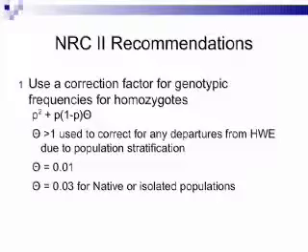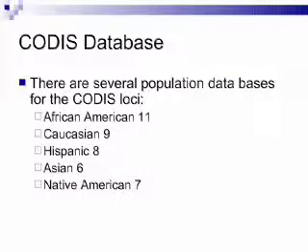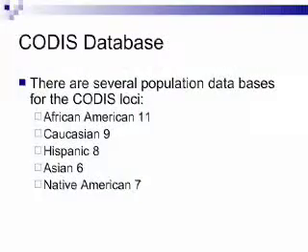Because I'm going to show you the real data now. Okay? When you look at the databases in CODIS, they have different populations that they've looked at. I think that paper was 2000, 2001, 41 populations examined. Yeah. 11 African American, 9 Caucasian, 8 Hispanic, 6 Asian, and 7 Native American populations.